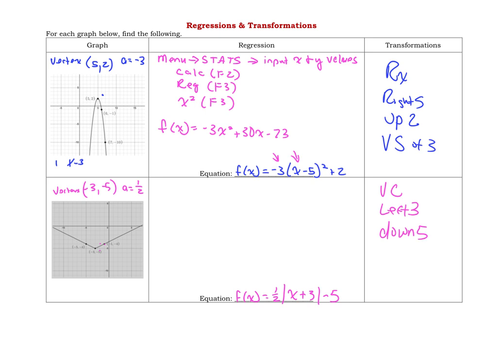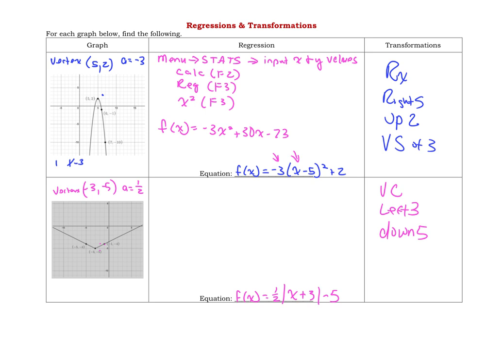Now the other way to do this is to use the transformed equation to find the a, which means I've got my vertex already in there, but I don't know my a. So you can use whatever point that you want.